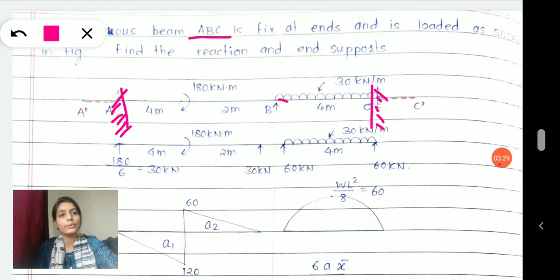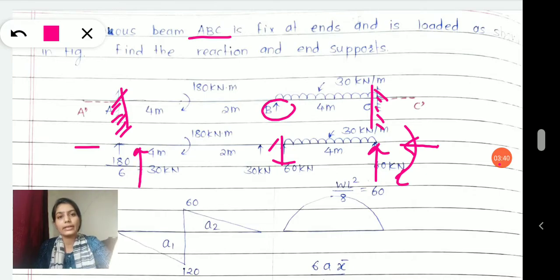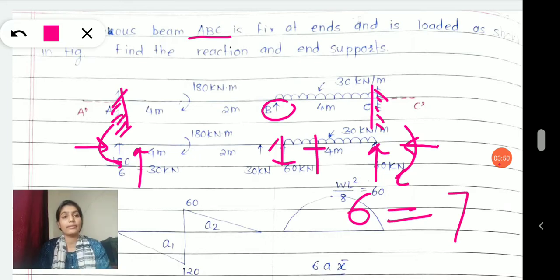See, I want to know the reaction at B, that is the first unknown. Second, the support reaction and moment at this fixed end. Here also the support reaction and moment at the fixed end. So the total number of unknowns here is 6 plus 1. How many in total? 7 unknowns.